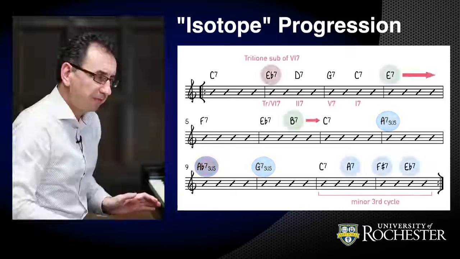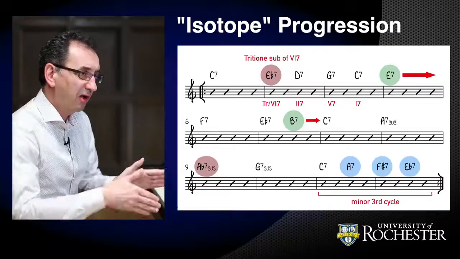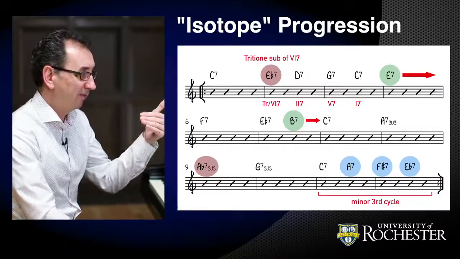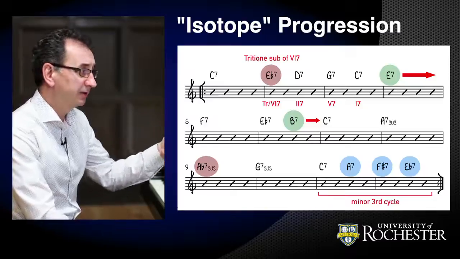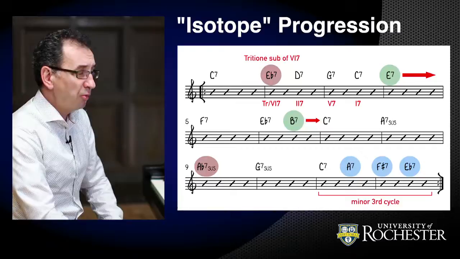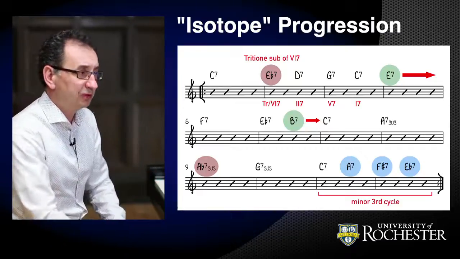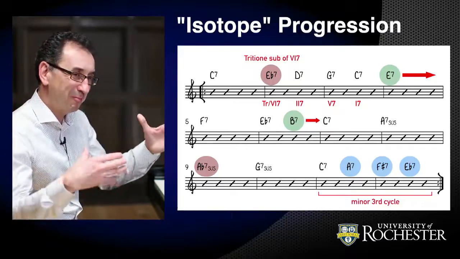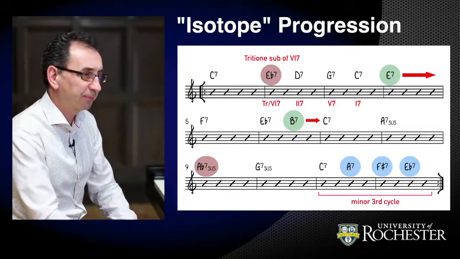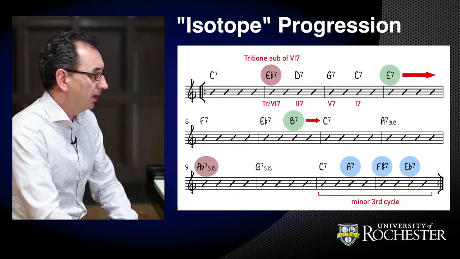So this progression combines the best of two worlds. We have the so-called tertian harmonies with E flat 7, D7, traditional harmonies, and we have these modal chords, and that marriage of modality and tonality is perfectly utilized in this progression.